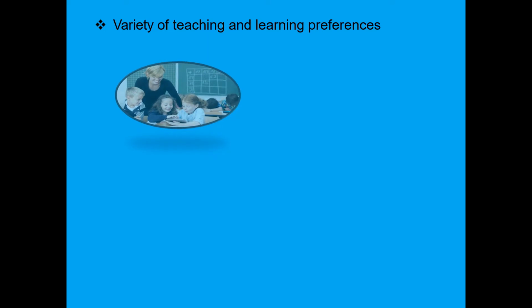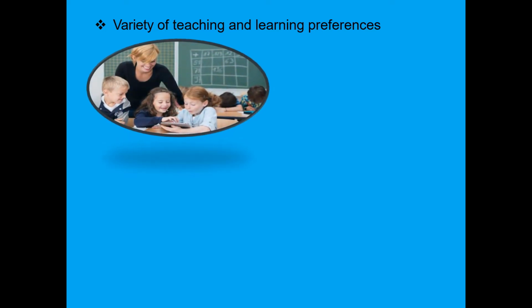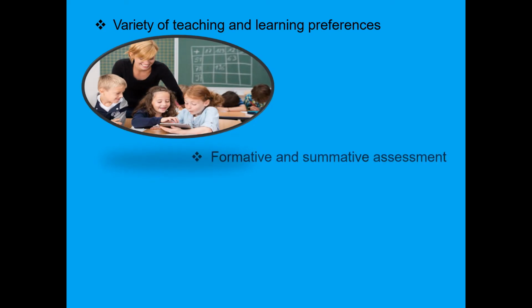For variety of teaching and learning preferences, it's all about how people learn in different ways and styles, new skills and knowledge, and to remember things. And lastly, for formative and summative assessment.